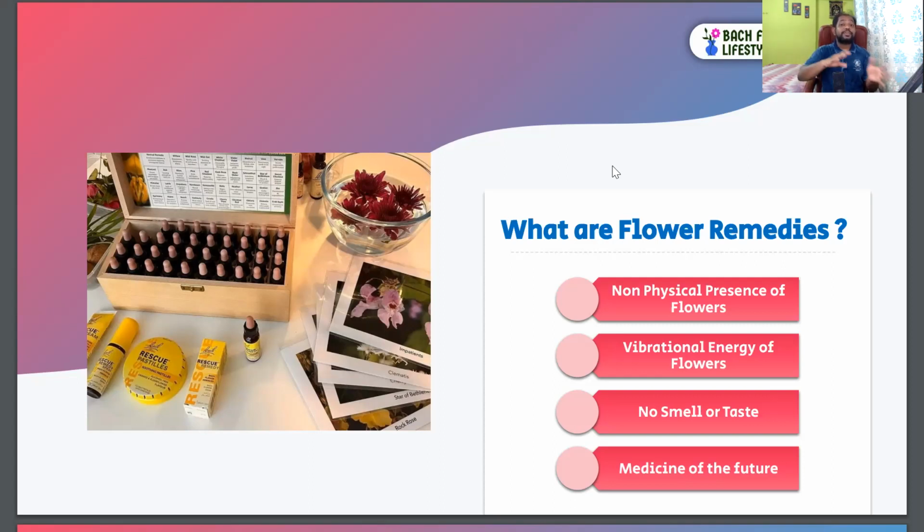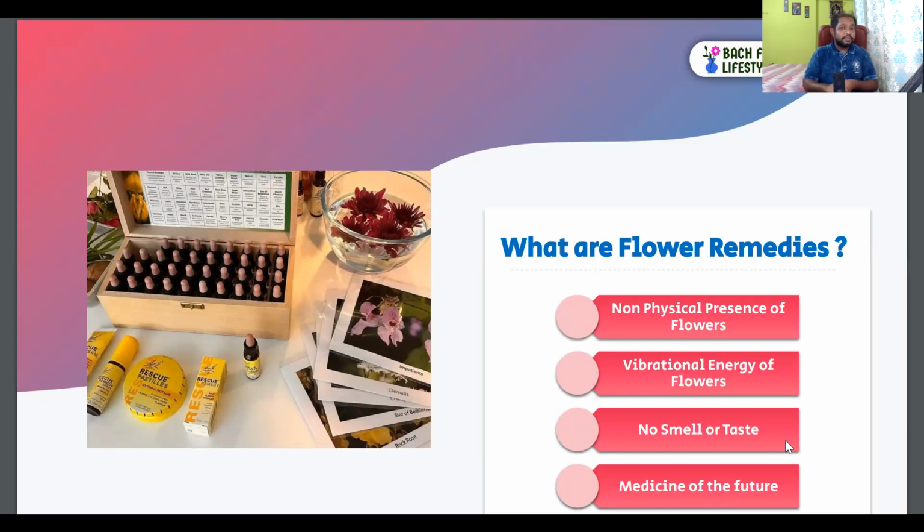And that's the speciality of this particular system: the physical appearance and physical part of the flower is not important. The vibrational energy of the flowers is really important in our life. Next important aspect is we do not see any taste or smell of those flowers because they are already diluted to the level where we can utilize them in terms of vibrational energy.